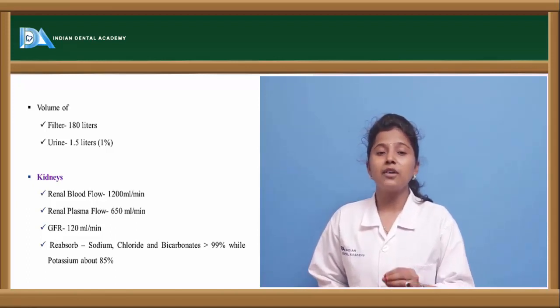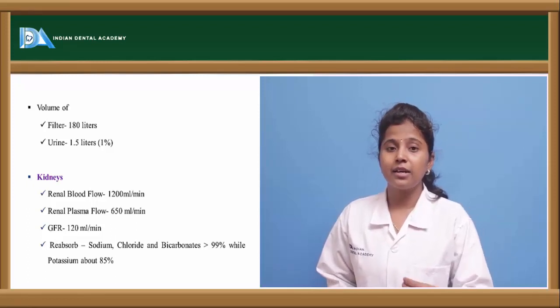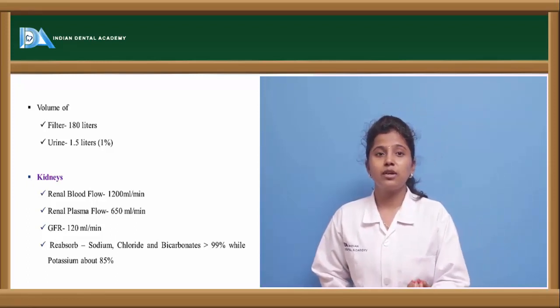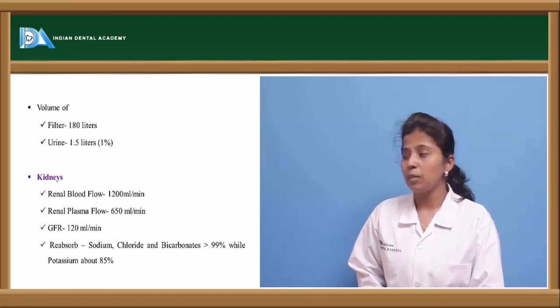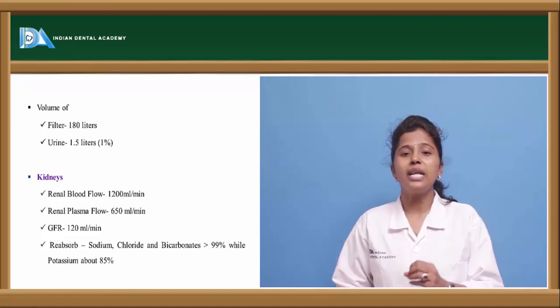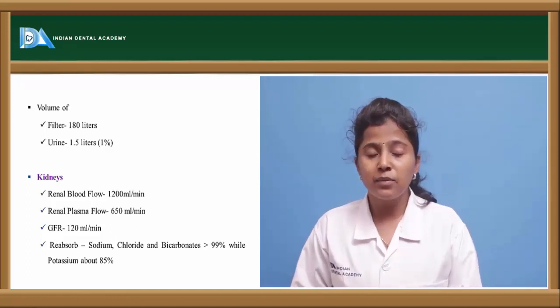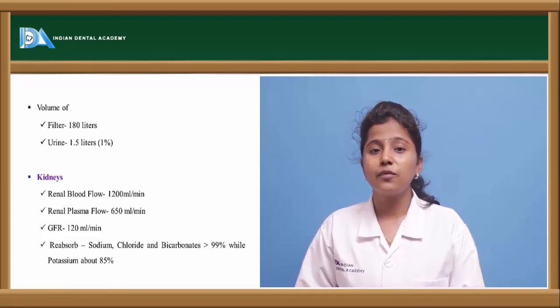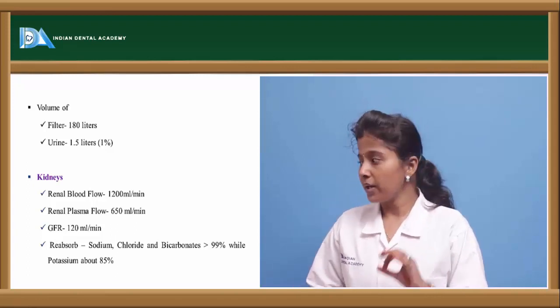The glomerular filtration rate, the filtration rate in the Bowman's capsule, is about 120 ml per minute. In the Bowman's capsule, 120 ml of fluid is getting filtered per minute.